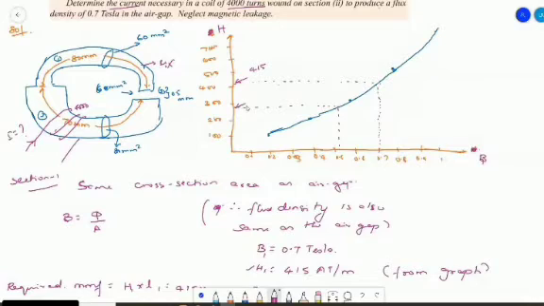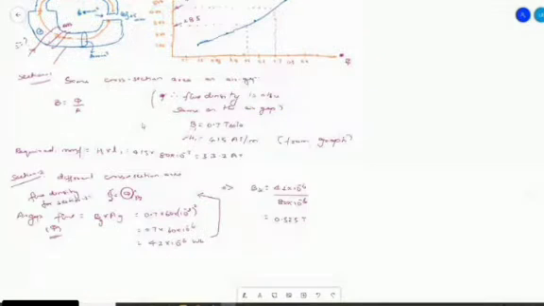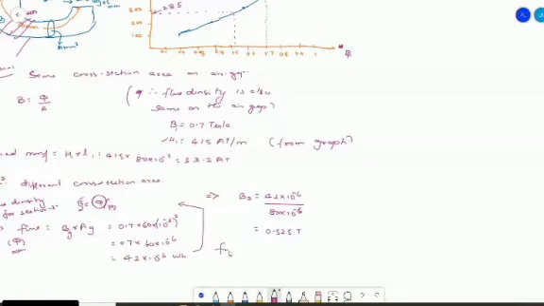So you must be getting around 285 ampere turns per meter approximately. So from the graph, we can get H2 is equal to 285 ampere turns per meter.